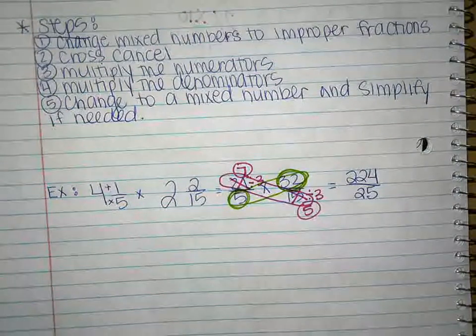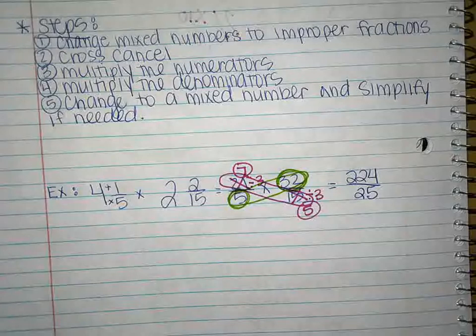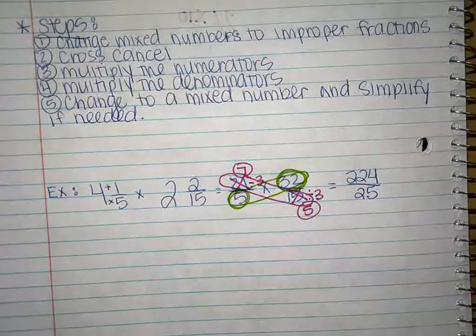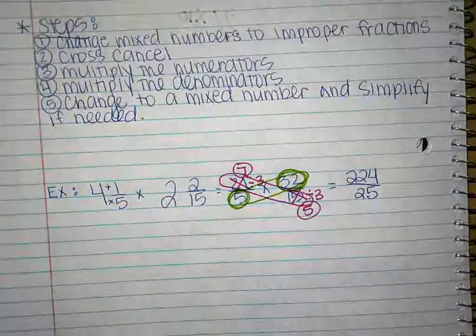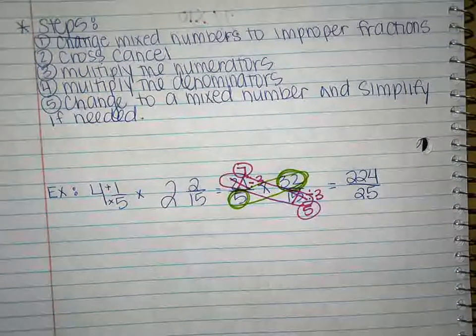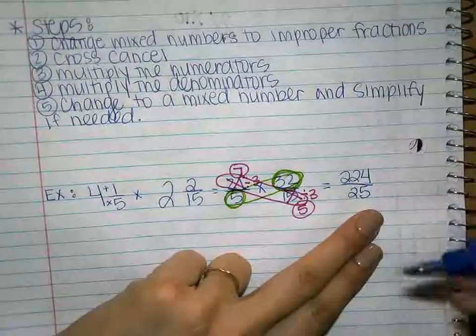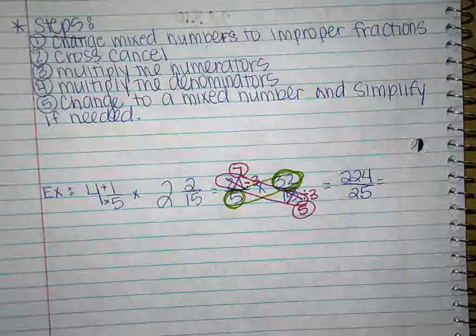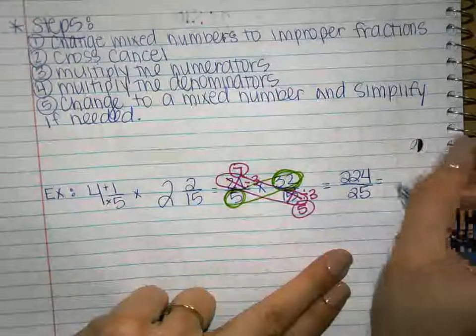How do I change this back into a mixed number? What do I have to do? What, everyone? Divide what? 224 divided by 25. Good. How many times does 25 go into 224? 25 goes in 8 times.